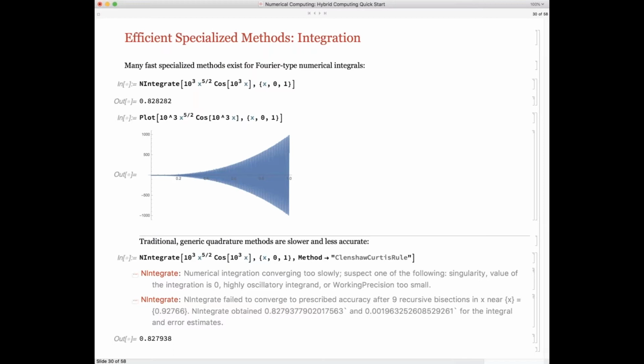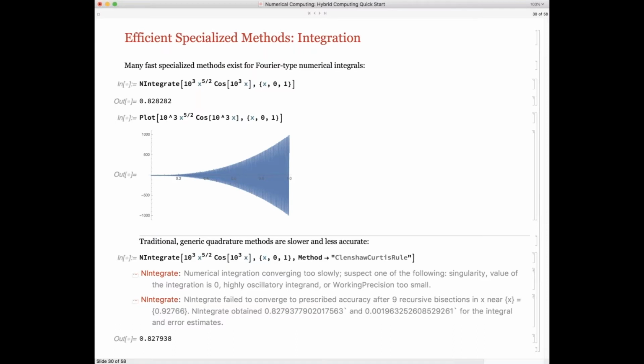But because Mathematica is able to symbolically recognize the special cases, even non-experts get the full benefits of these highly specialized methods. In a traditional numerical system, you would either need to be an expert in these methods, or more likely, you would need to settle for whatever generic integration algorithm is recommended.